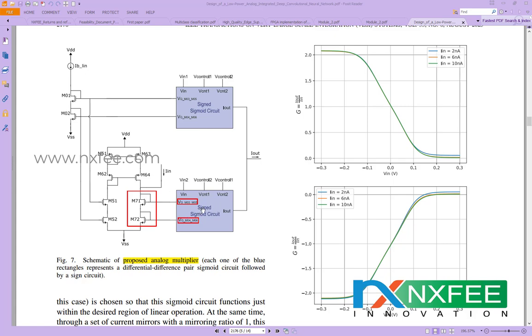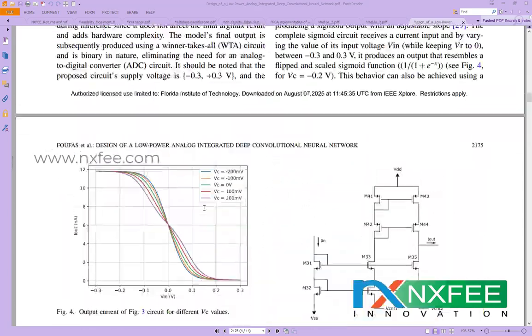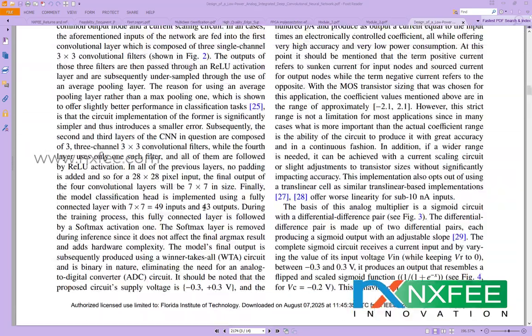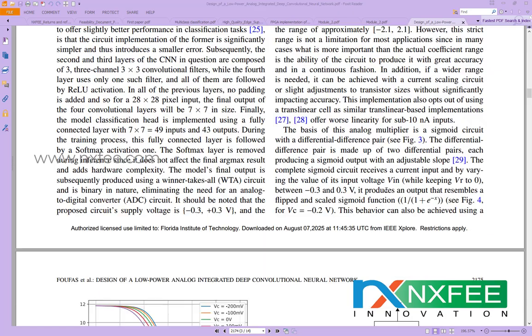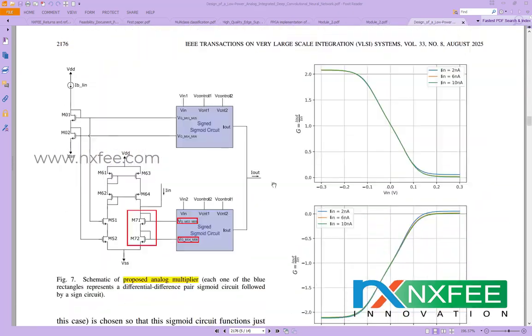Each sine sigmoid circuit has 15 transistors, and two sine sigmoid circuits are used, so 30 transistors in total, plus an additional 10 transistors in the control circuit. So in total 40 transistors are used for this analog multiplier.